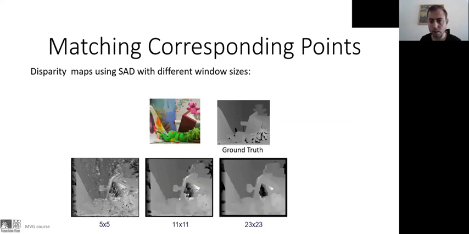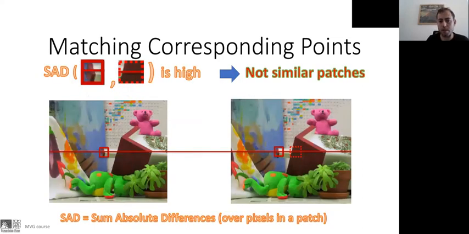But in each patch, what exactly is the value that we are reducing? Okay, each disparity that I'm looking for this pixel corresponds to a patch in the right image.